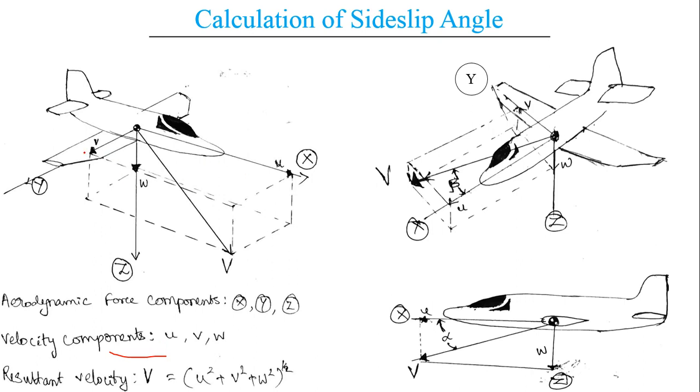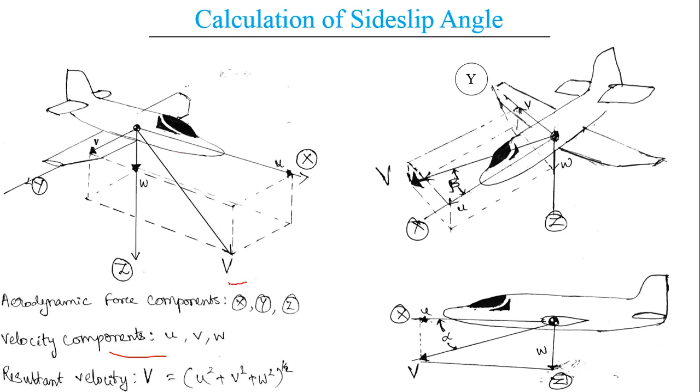Now, when we consider a rectangular cuboid box around it, so here we can see this is a rectangular cuboid box. We cannot be calculating on these three velocity components. Instead, we will be having a resultant velocity, which is caused as a resultant of these three velocity components.